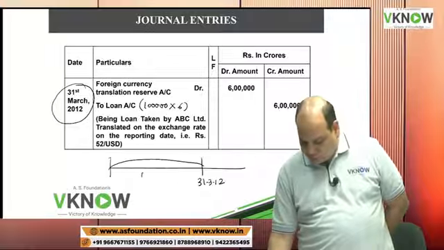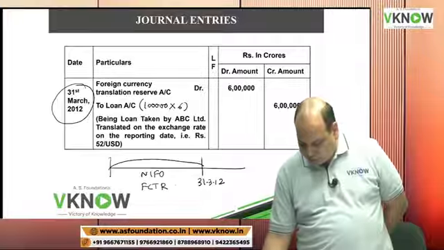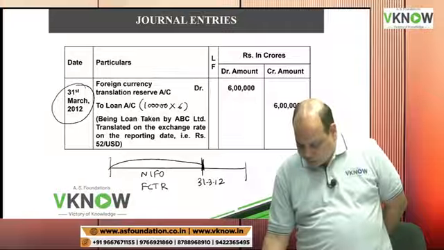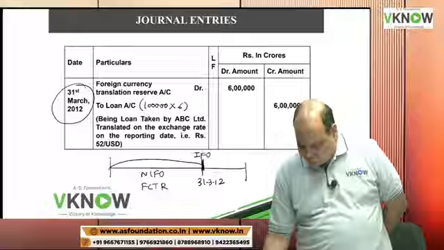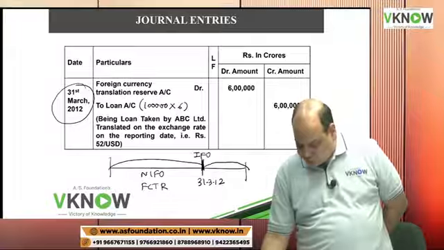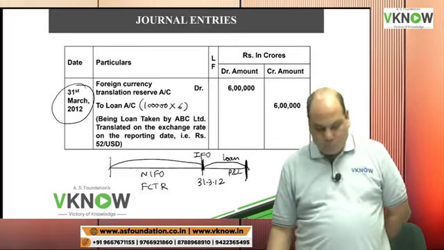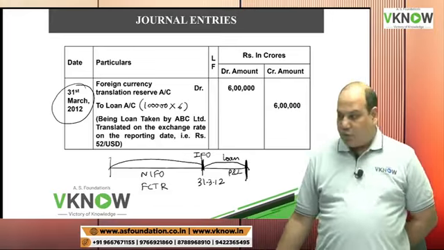It was NIFO, so the difference was transferred to FCTR. Now here the classification is EFO. Henceforth, in case of loan, the difference will be transferred to P&L account.